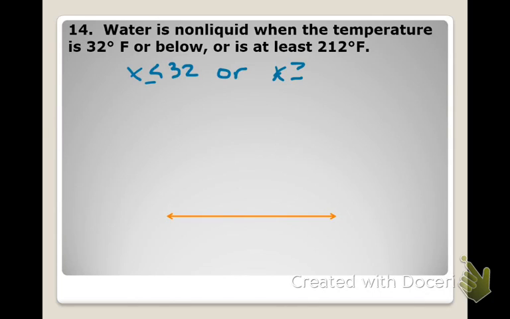So greater than or equal to 212. Since they can be 32 and 212, we're going to close those circles. We want x is less than or equal to 32 or x is greater than or equal to 212. There's your oars on a boat. Okay? And that's it.